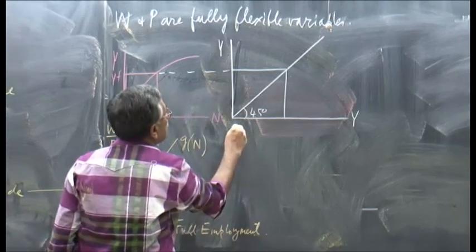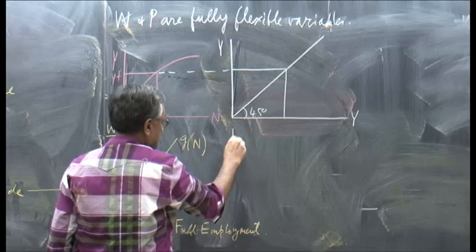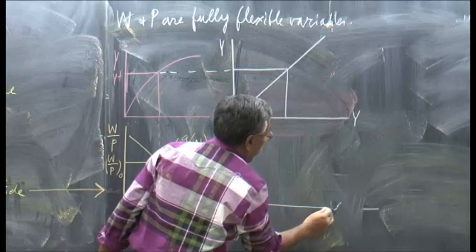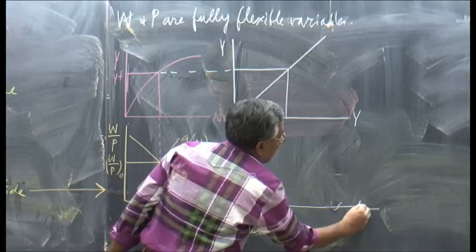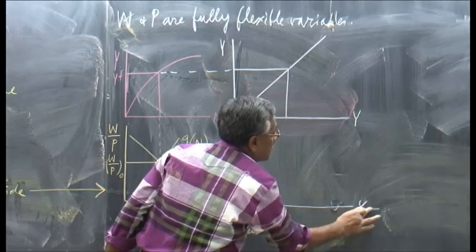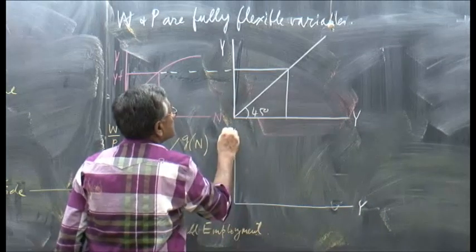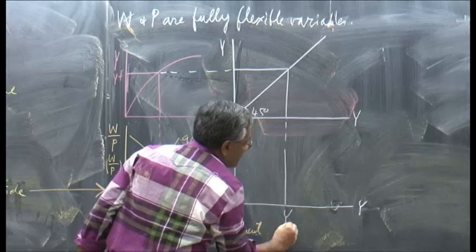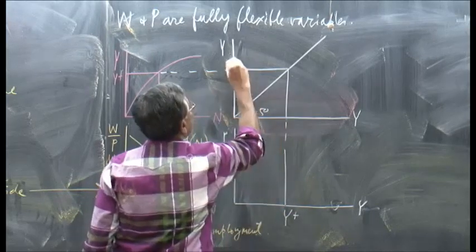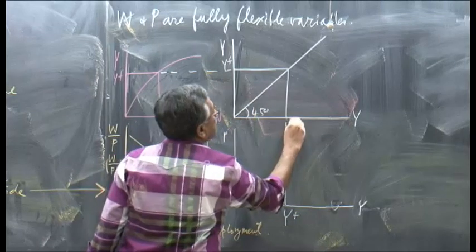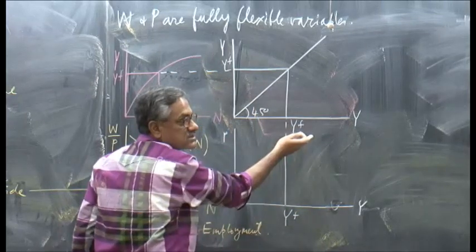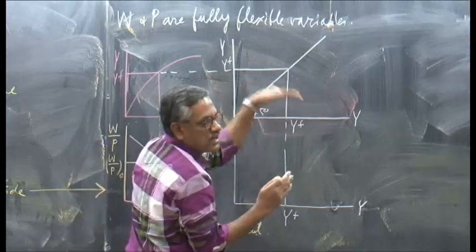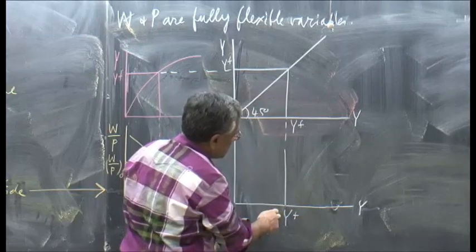Now I have one more diagram here, which is the aggregate supply line, with Y and price. This is my YF, because that was my YF. That was the YF translated from the y-axis, through the 45-degree line, to the x-axis. From the x-axis I come to YF.